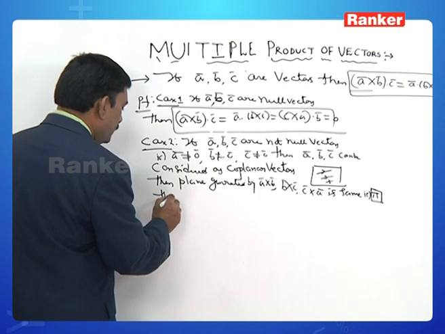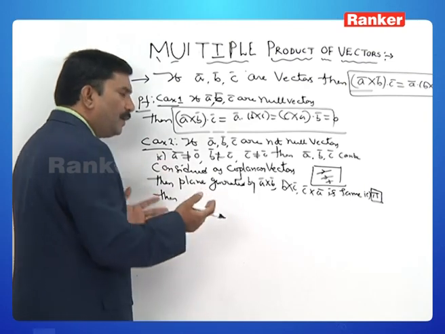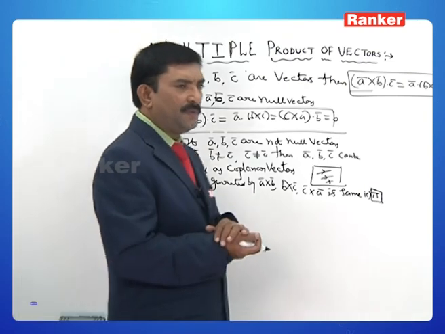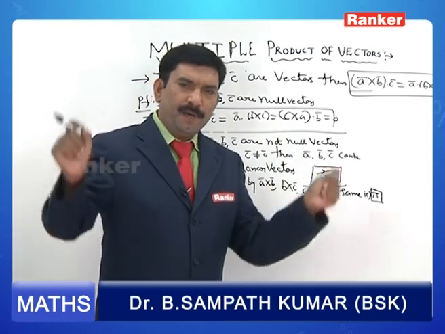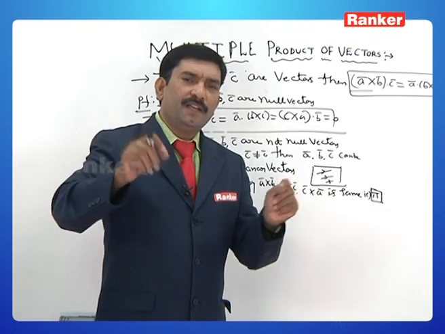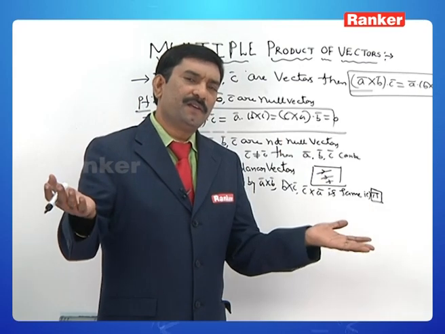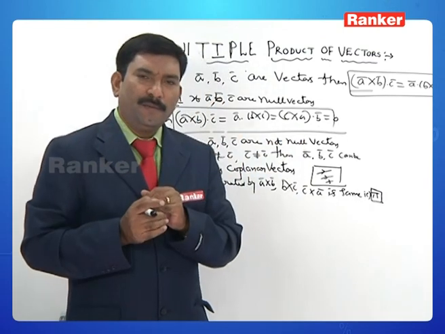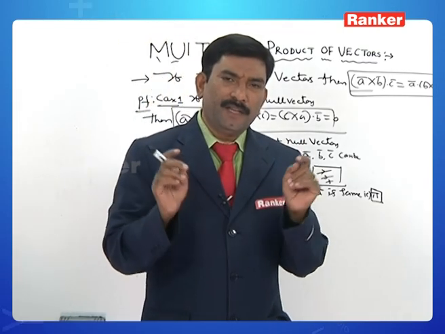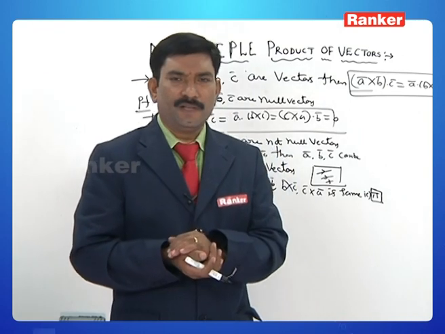Why is it the same? By definition, A cross B is a vector perpendicular to the plane containing A bar and B bar. B cross C is the vector perpendicular to the plane containing B bar and C bar.